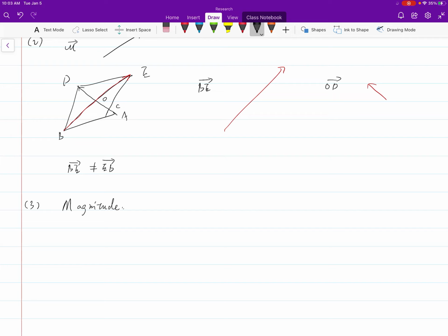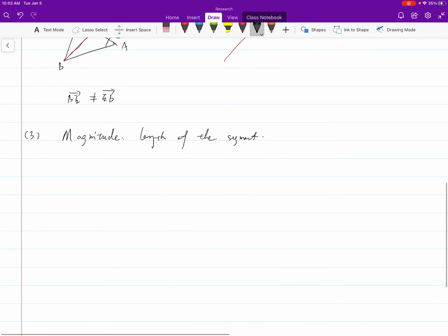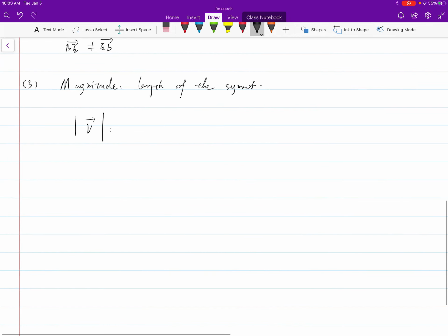Number 3, the magnitude. It's what we say by size. So the magnitude is nothing but the length of the segment. If we know a vector, what we do is simply put an absolute value around it, and this indicates that I'm talking not about the direction, but only the magnitude of the vector.